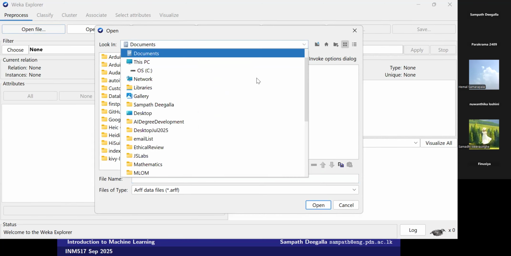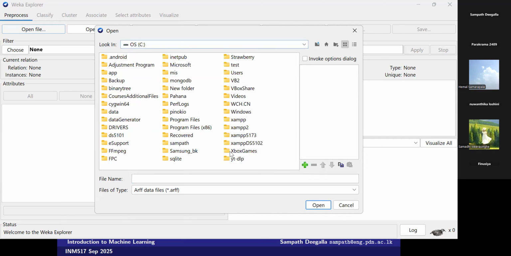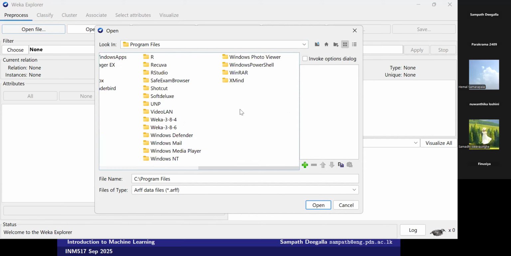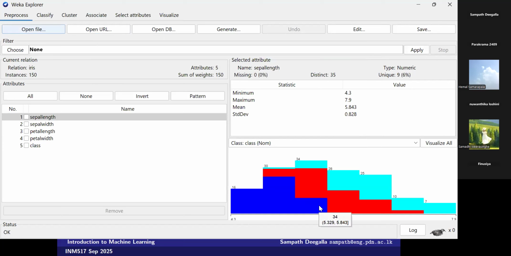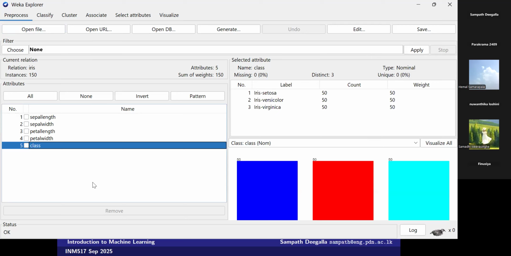So let me open some data. For example, let me take the iris dataset. Actually, the iris dataset is about classifying different types of flowers.